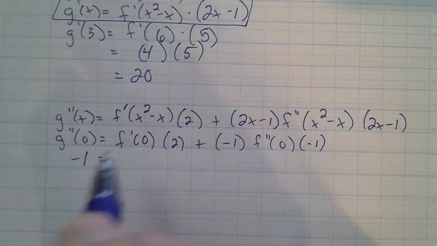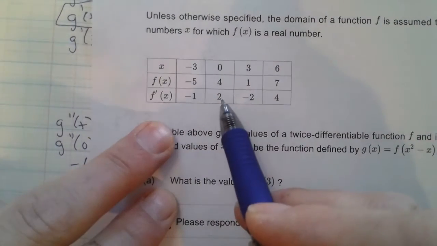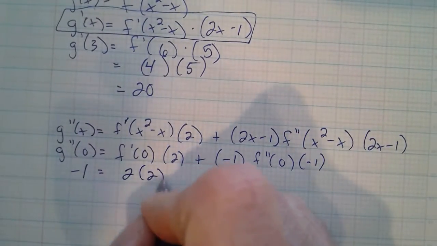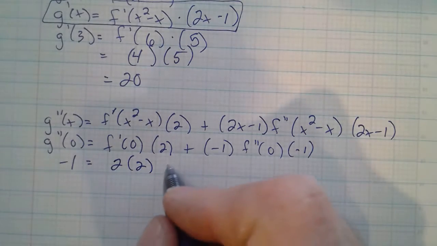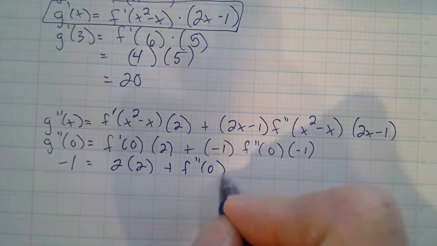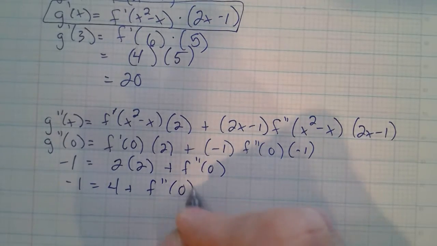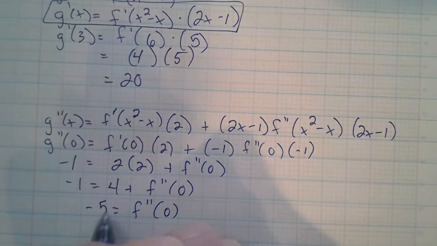F prime of 0 from the table. F prime of 0 is 2. And negative 1 times negative 1 is just 1, so plus f double prime of 0. So f double prime of 0 is negative 5.